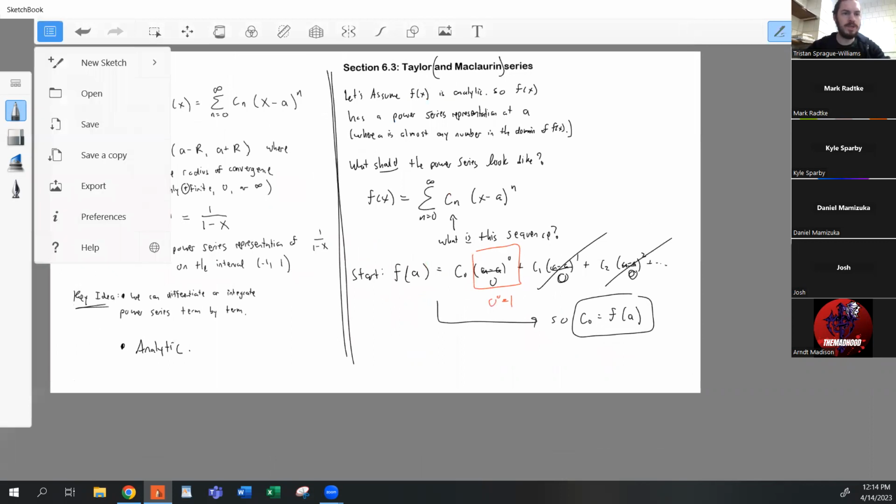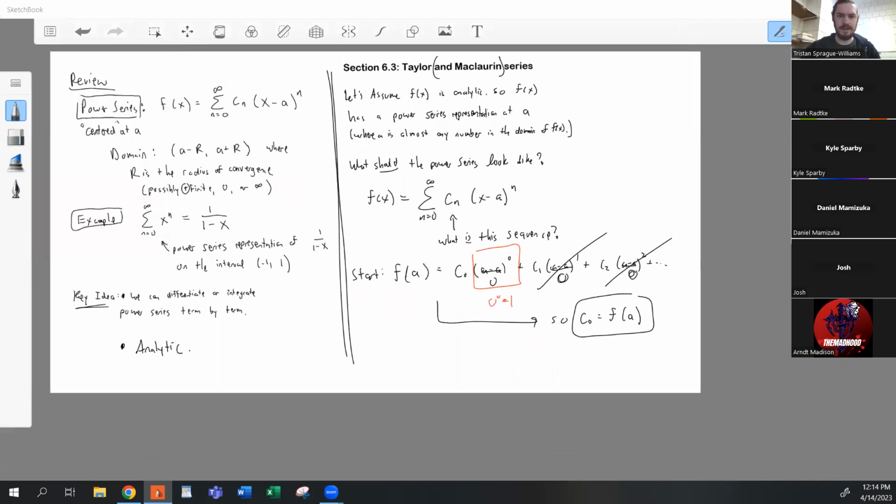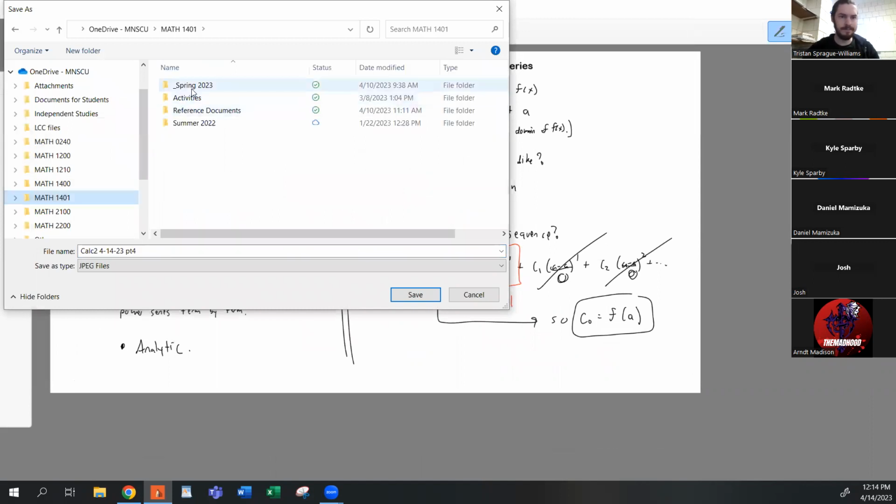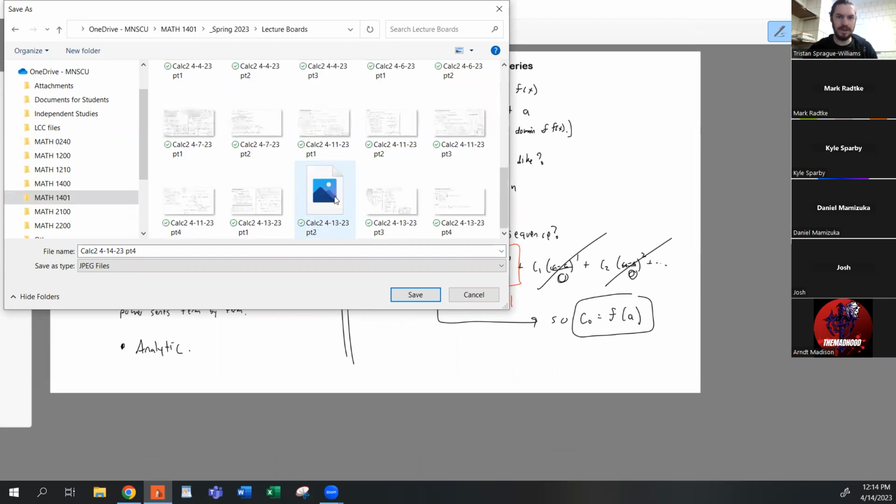But now, check it out. Here's what we can do next. We got to go to a new page. Already, wow. Probably could have written a lot smaller, but I didn't. That's okay.